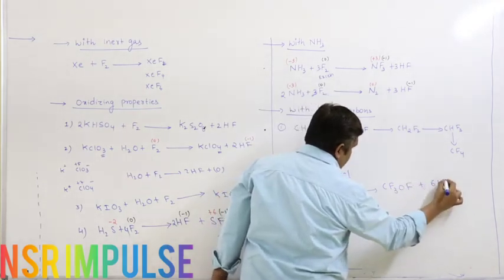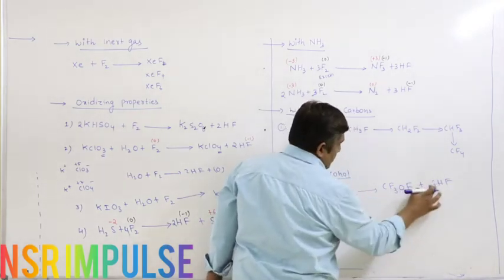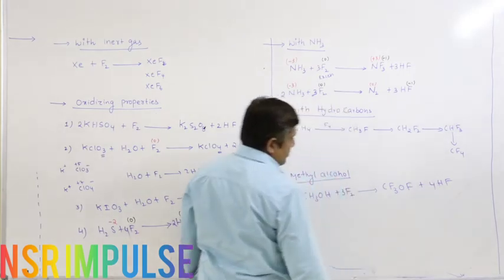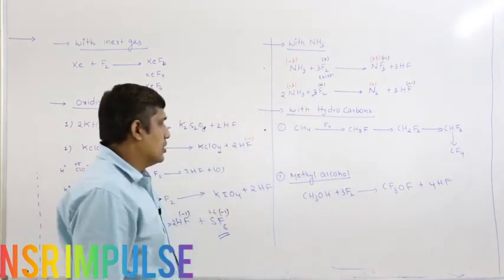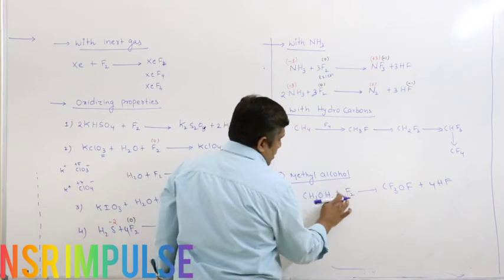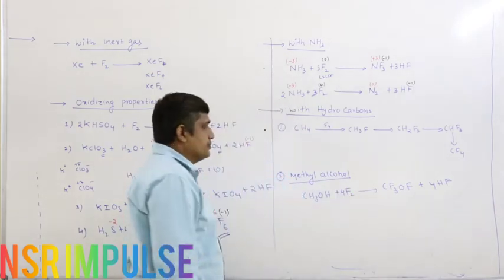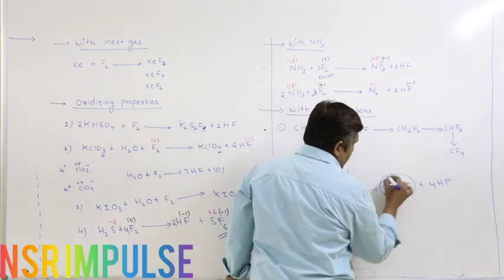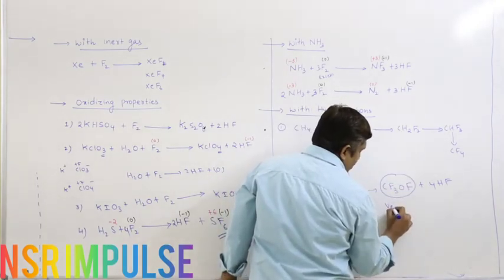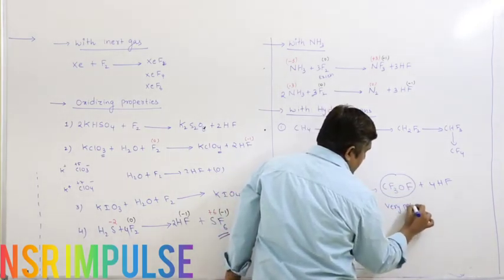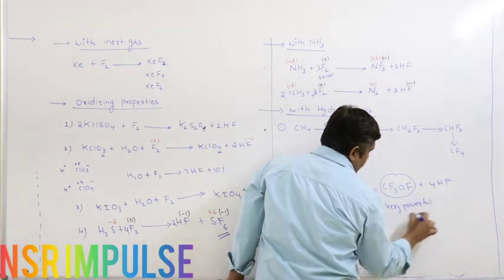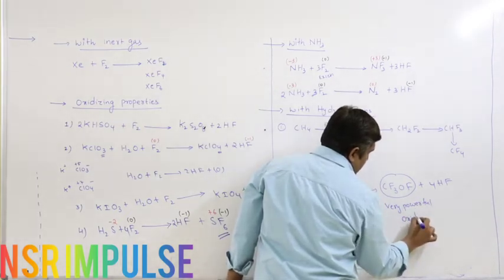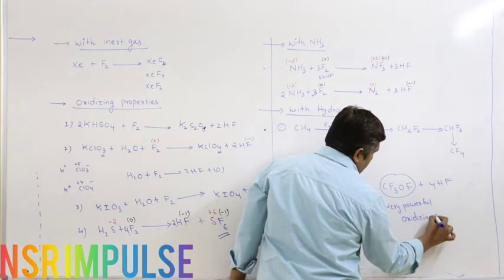CF3OF. This is a powerful oxidizing agent. You have more fluorines, very powerful oxidizing agent.